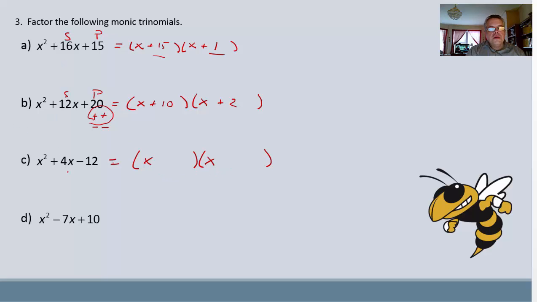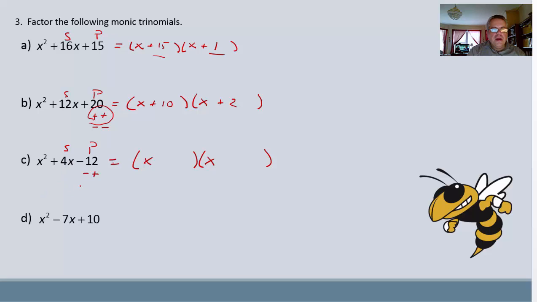All right, so here we need two numbers who sum to 4 and multiply to negative 12. Since the product is negative, one number has to be negative, one number has to be positive. Okay, so we start trying things like negative 3 and 4, or 4 and negative 3. Neither of those add up to 4. We could try maybe 6 and 2.